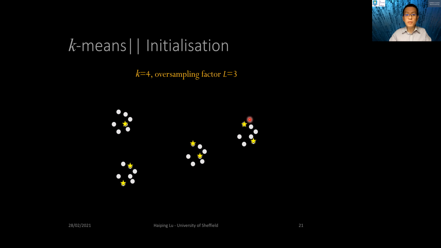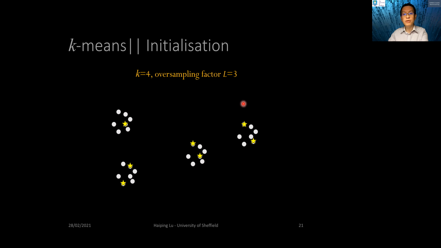But now we have 1, 2, 3, 4, 5, 6, 7 centroids, and we just need 4. So what to do? It's very clever. They have a very smart idea: the next step is to cluster the intermediate centers.